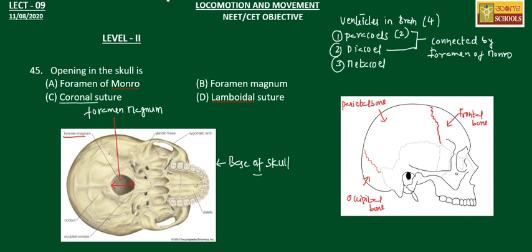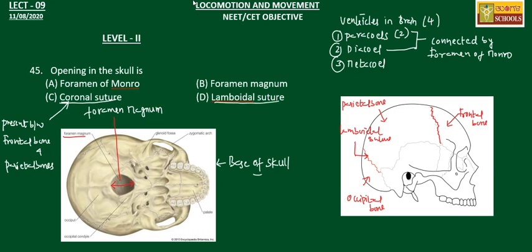Then the lambdoid suture, you can see here, is present between the parietal and occipital bone.